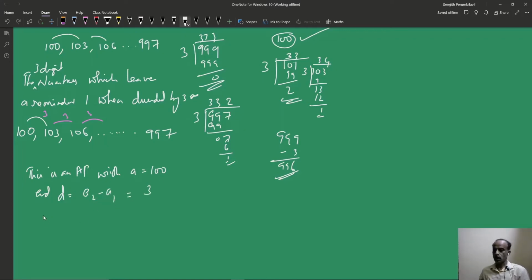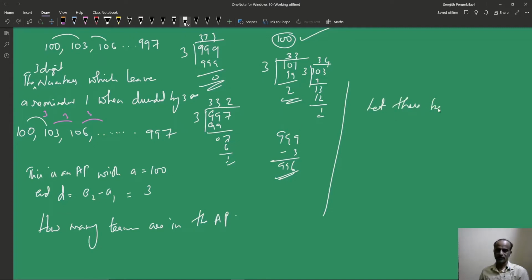So we need to know how many numbers are there, how many terms are there in this AP. For that, we will let there be n terms.